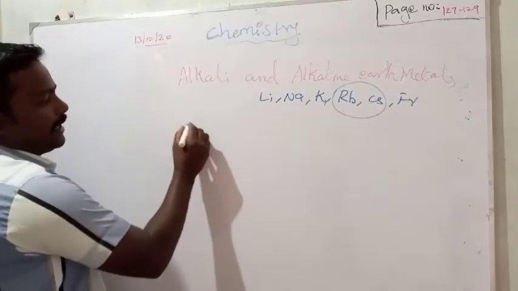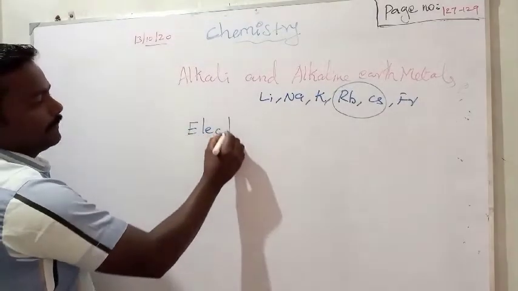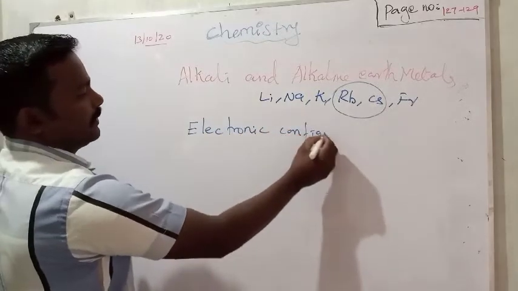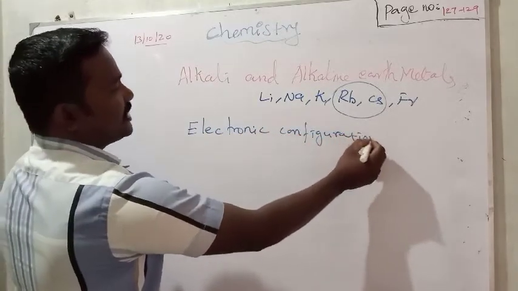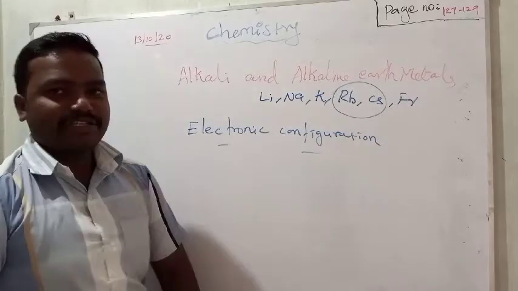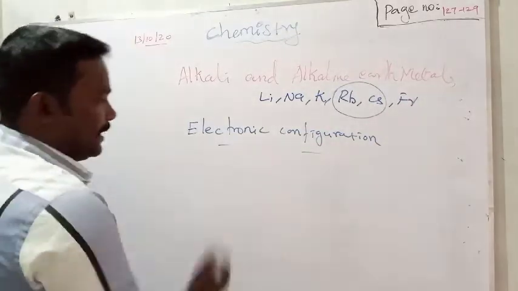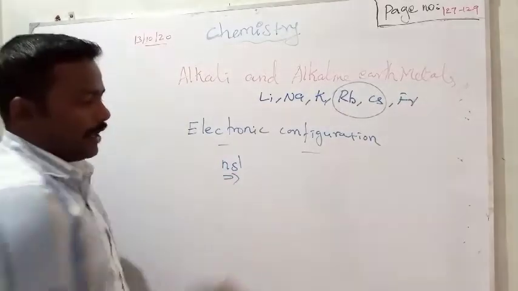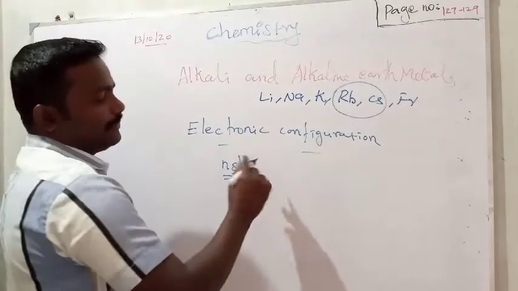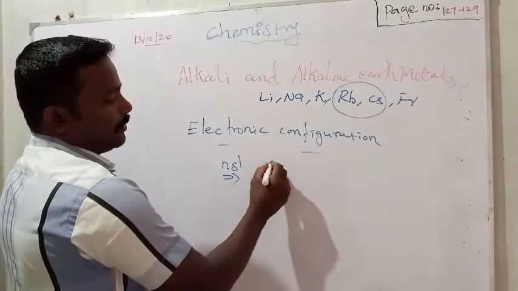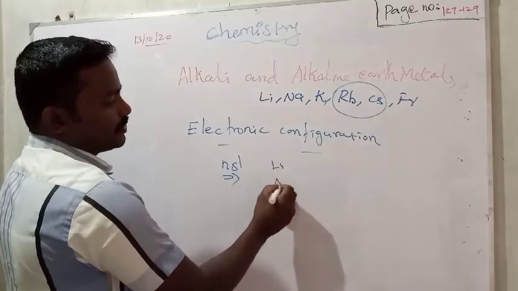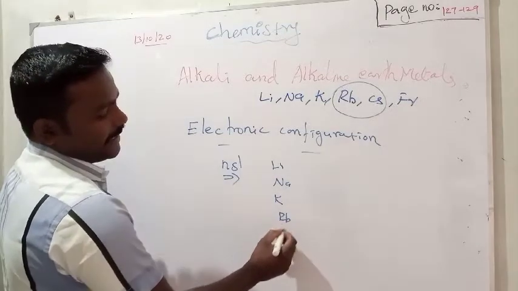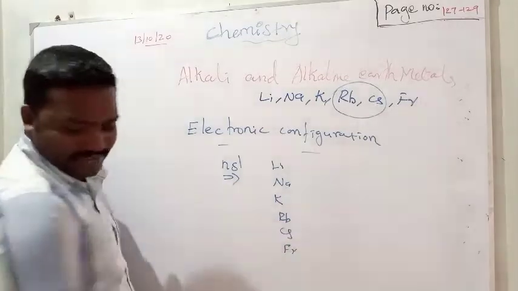So electronic configuration. What is the general electronic configuration for 1s group elements? ns1, right? For all the elements, how do you write? Simply you can write lithium, sodium, potassium, rubidium, cesium and francium.